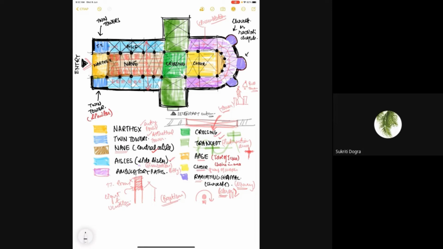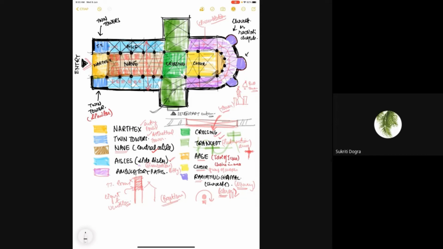So suppose there is any ceremony or a function happening in the church, the priest can go inside through this area without disturbing the actual function. He can go inside the apse area if he has certain activities to perform, without disturbing the actual crowd or the function which is going on.